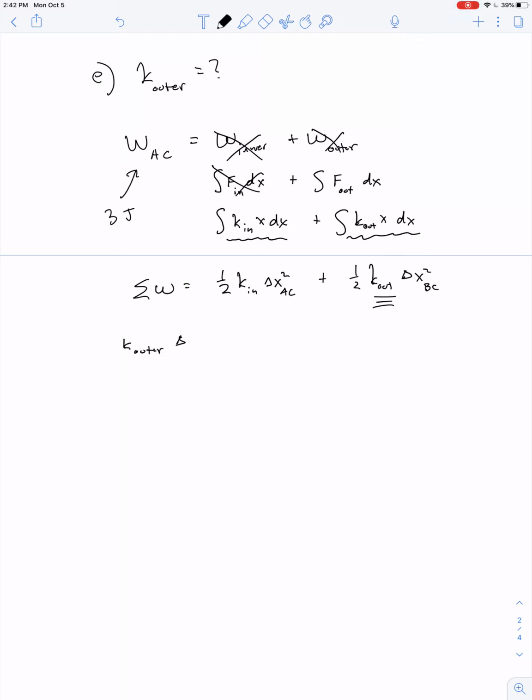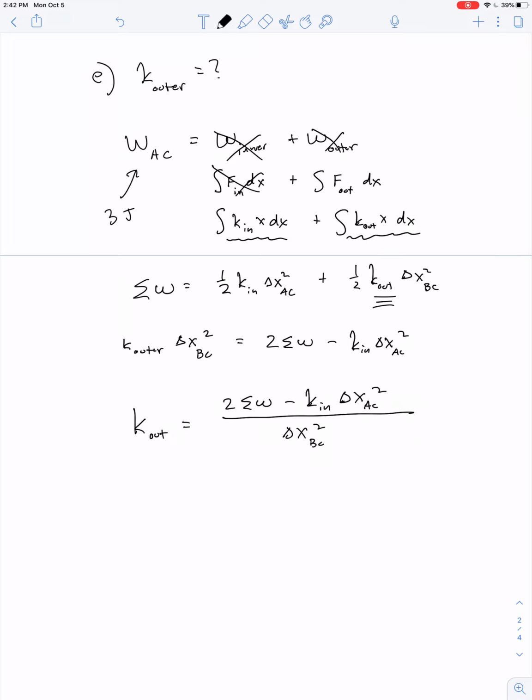K outer times delta x BC squared is equal to 2 times the net amount of work minus k inner times delta x AC quantity squared. Okay, so I guess we need to divide by delta x BC. So k outer is 2 times the net amount of work minus k inner delta x AC quantity squared, all divided by delta x BC quantity squared.